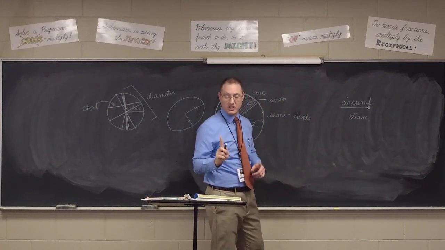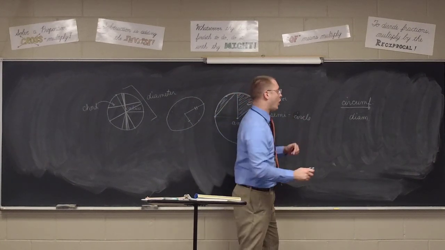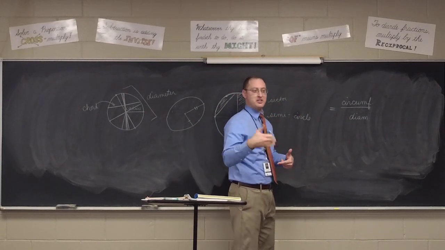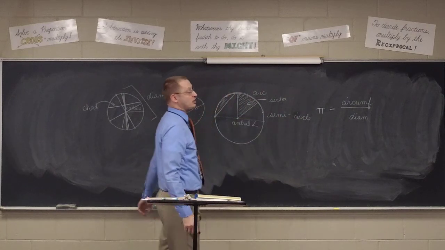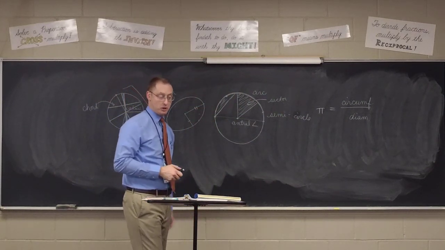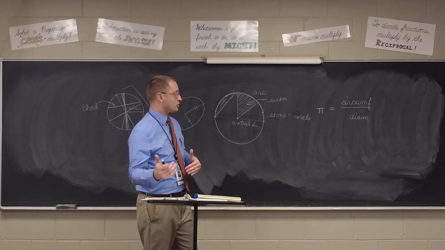Every single circle has the exact same ratio. And it always equals 3.141592, so you get the idea. It equals pi. You need to know that pi is defined as the ratio of the circumference of a circle to its diameter.